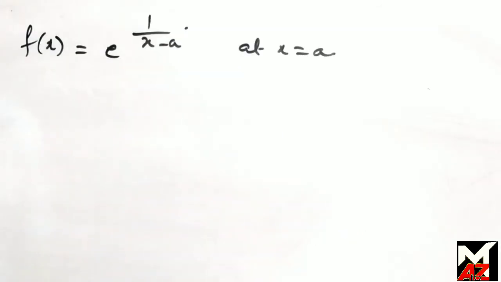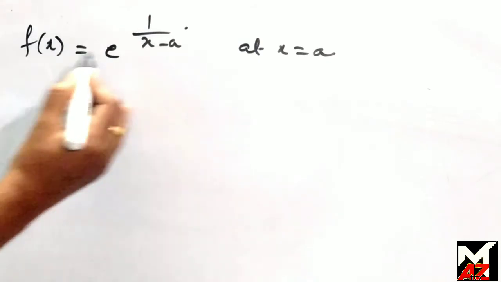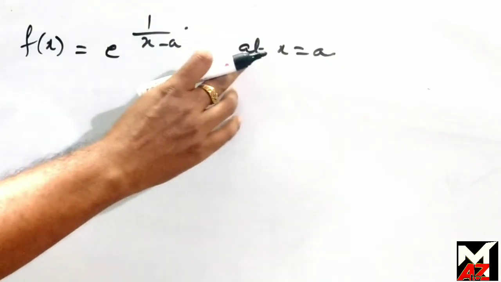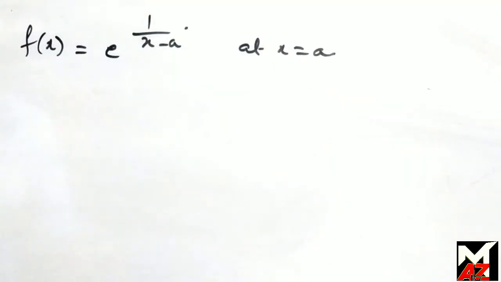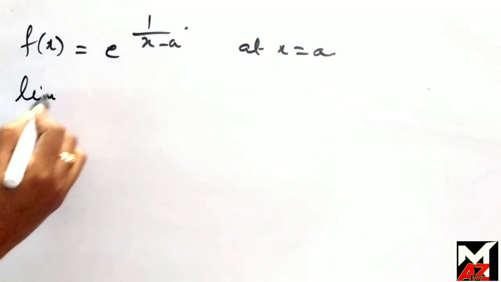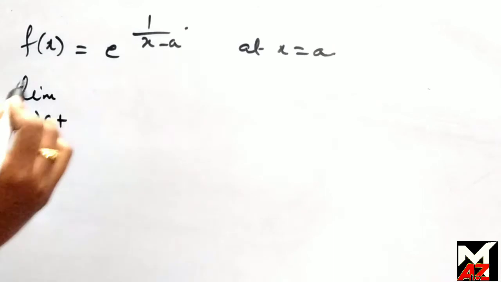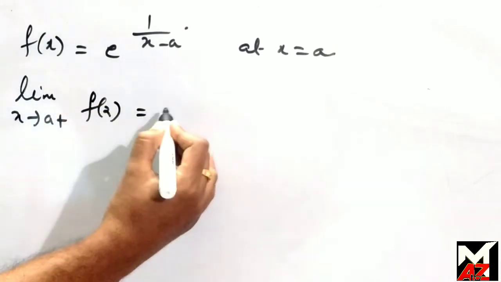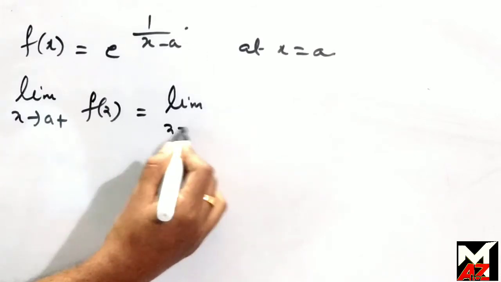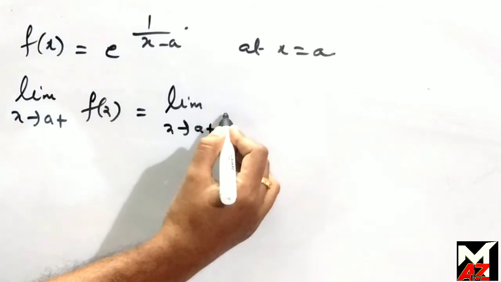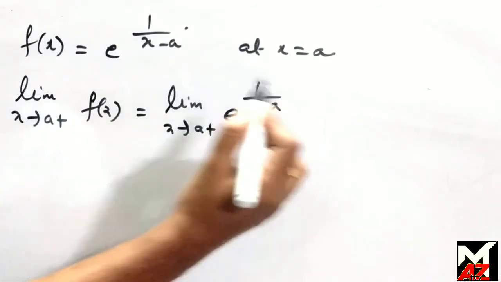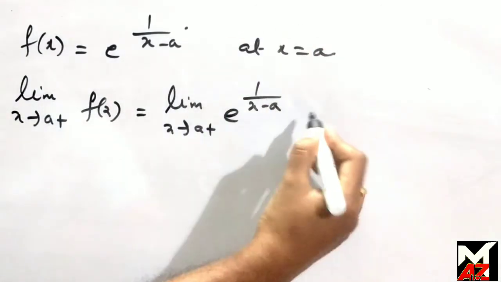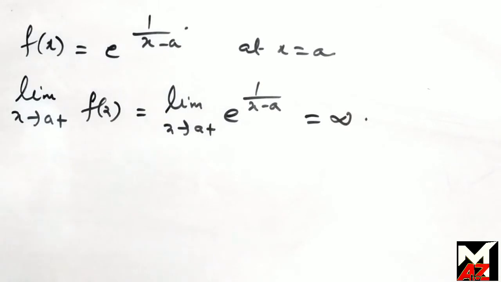If we consider the function f(x) equal to e to the power 1/(x-a) at the point x equal to a, then the limit as x tends to a plus of f(x) is e to the power infinity, which is infinity.